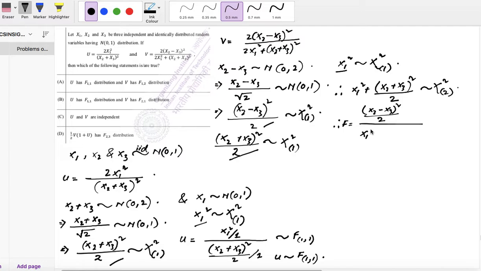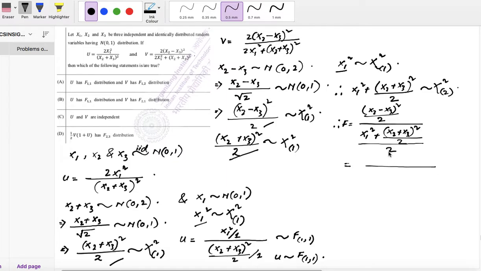Then x1 square plus x2 plus x3 whole square by 2, and its degrees of freedom is 2, right?